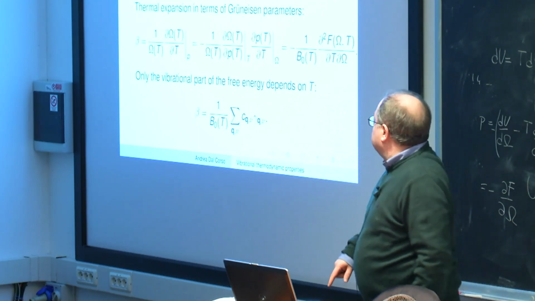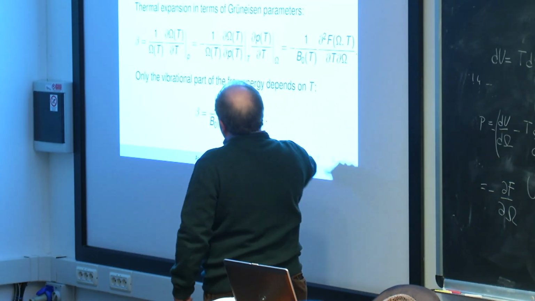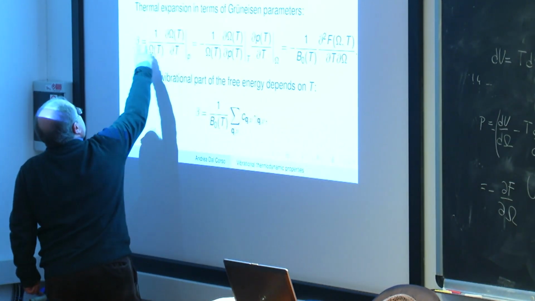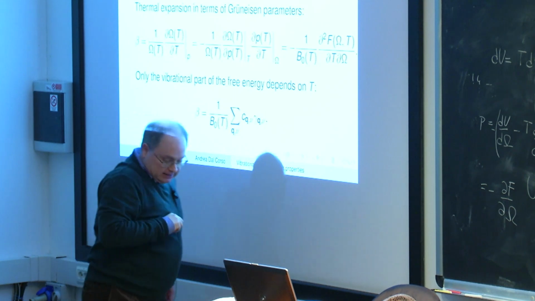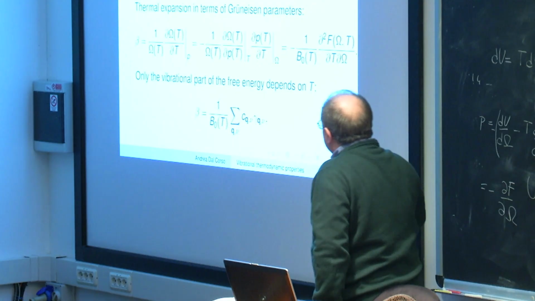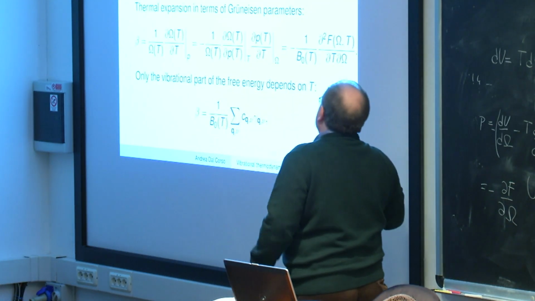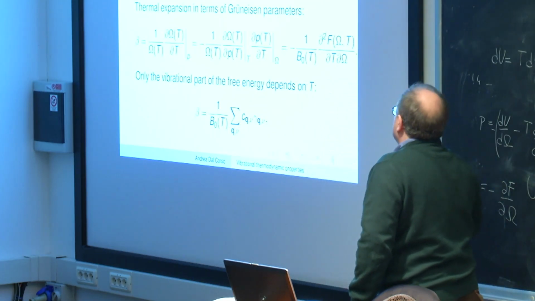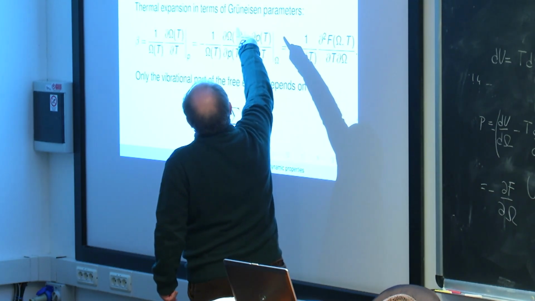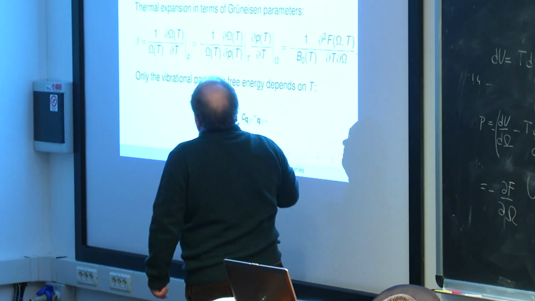So in principle, this thermal expansion calculated like this, and the one that you calculate directly from the derivative of the volume with respect to temperature should coincide. And in the exercise this afternoon, probably you will see that it coincides if you use the temperature dependence of the bulk modulus. Otherwise, there is a small discrepancy. And also, if you calculate the Grüneisen parameter at the volume that corresponds to a given temperature.